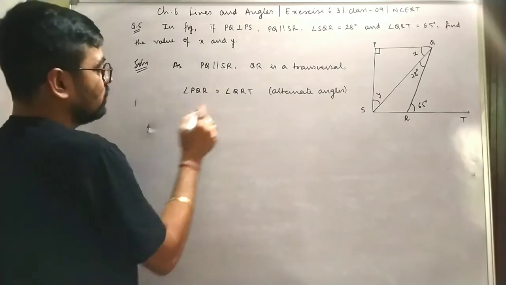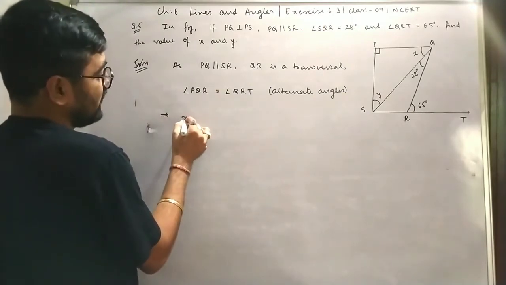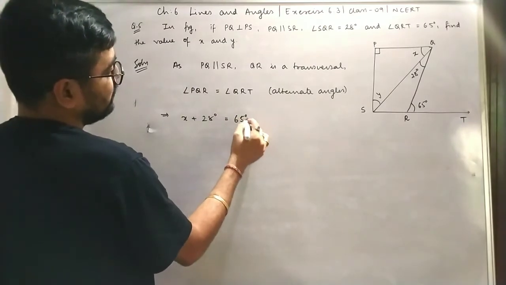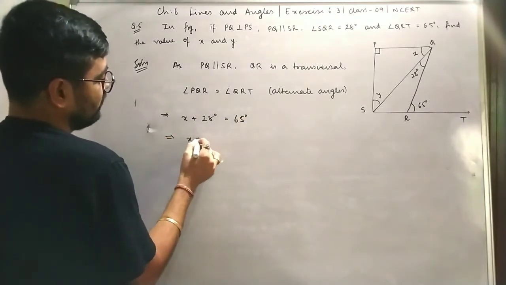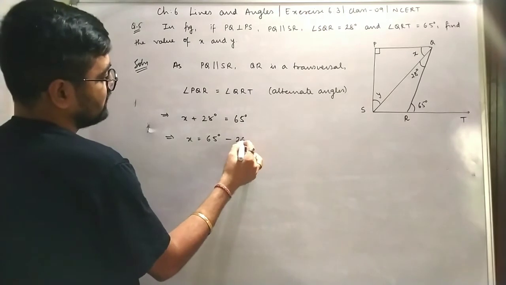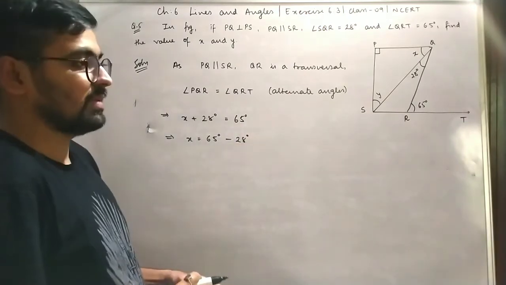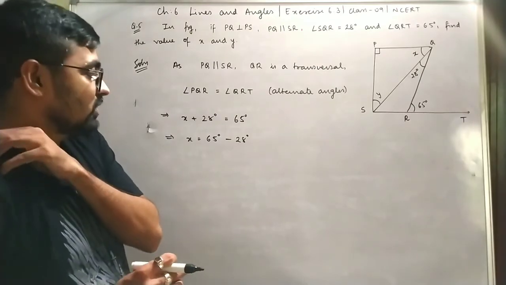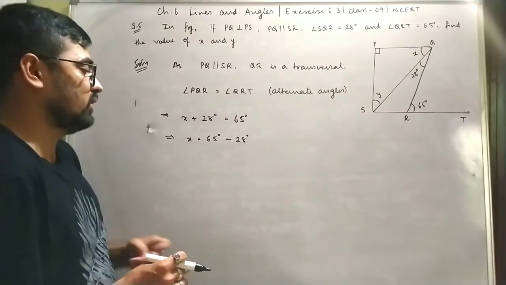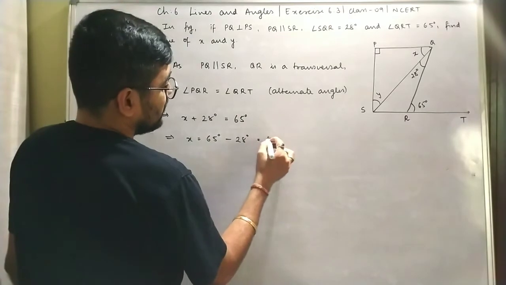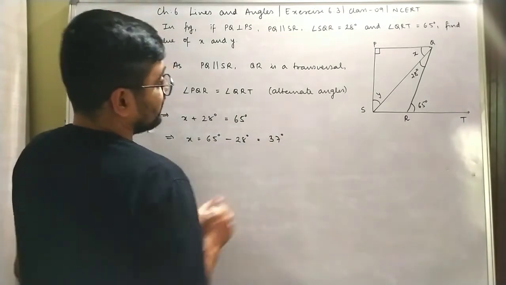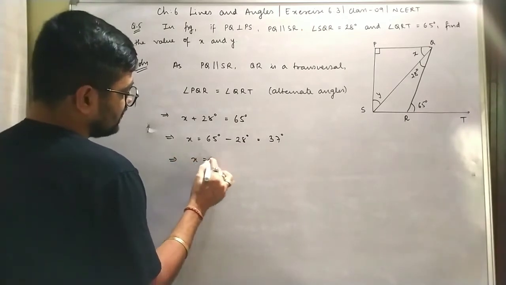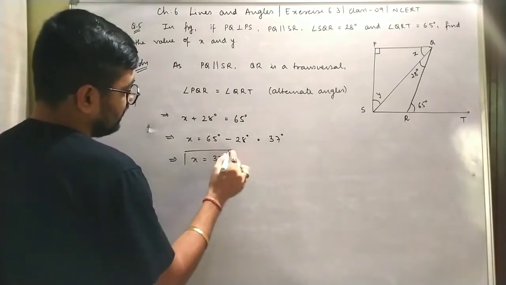Now angle PQR for us is x plus 28. QRT is 65. So it will be 65 minus 28. 65 minus 5 is 60, then minus 3, or first subtract 20 to get 40 and then subtract 3, how much? 37 degrees. So I got to know that x is equal to 37 degrees.